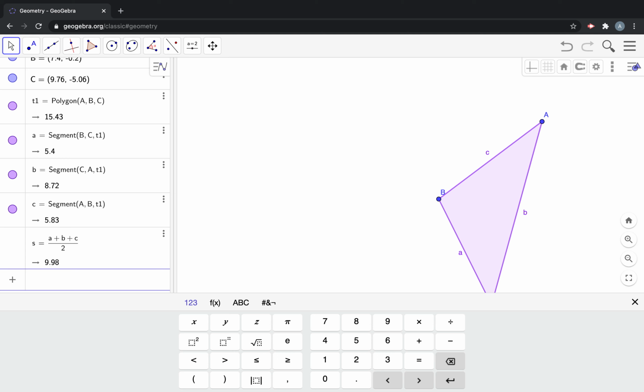So from here, we can go ahead and put in the other formula. So let's go ahead and just write area equals.